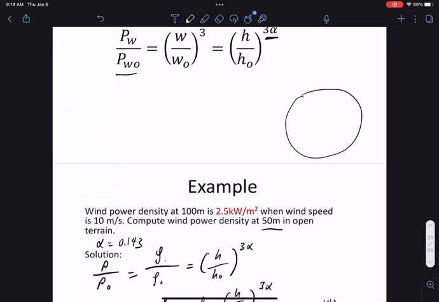But wind turbines are large, so there's elevation change. The top of the turbine is at a higher elevation than the bottom of the turbine, and by these equations, there should be a difference in speed. In most of our formulas, we will not take this into account.